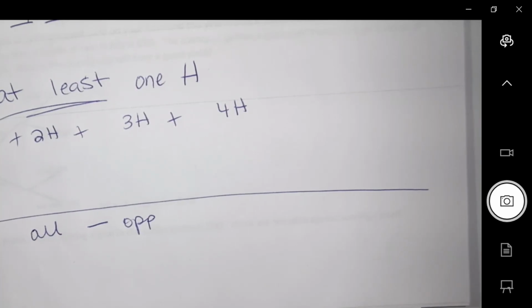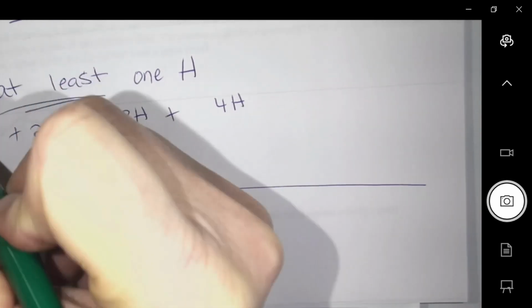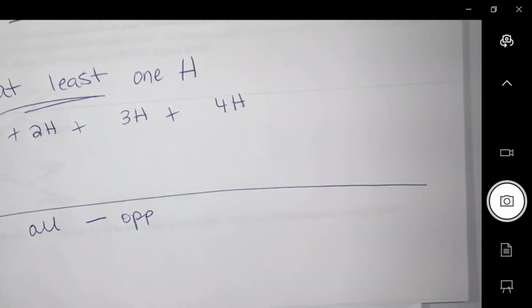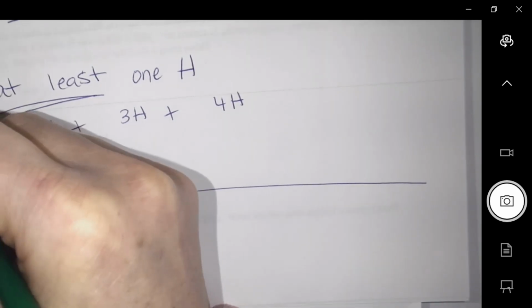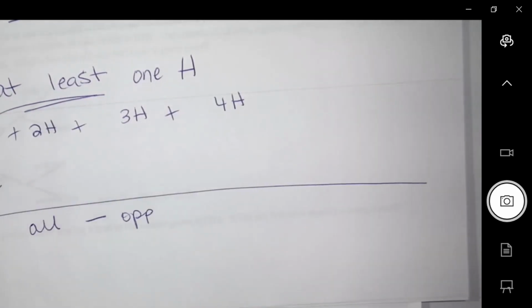So if I was to get 1 head, I'd be doing a head, tail, tail, tail, which is a half chance, a half chance, a half chance, a half chance. But here's the part that's tricky. That's not the only situation I could do. I could go tail, head, tail, tail.